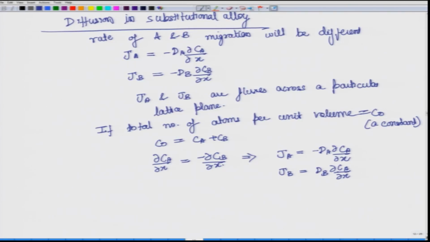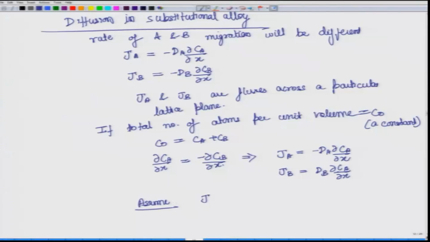Now, here we have to assume that one of these, of course, one of them will be diffusing faster than the other, and therefore, let us assume, just as a matter of simplification, nothing more. In general terms, this is not going to change the final outcome of the solution.